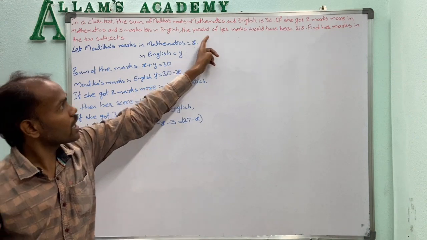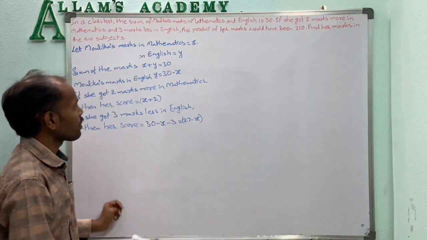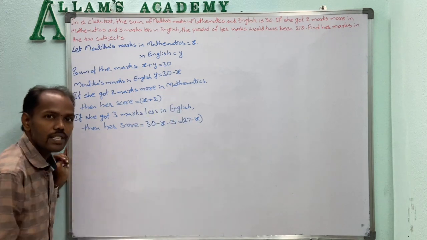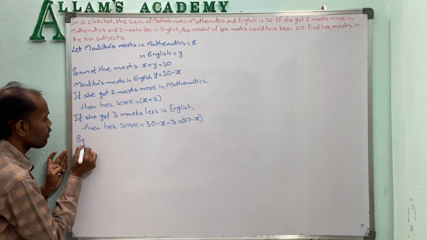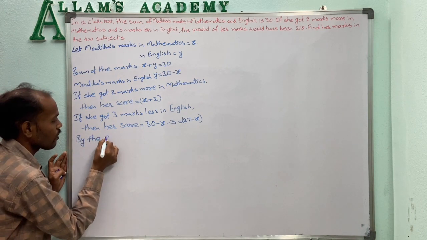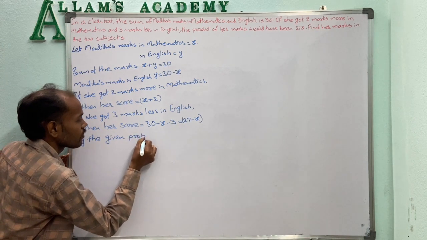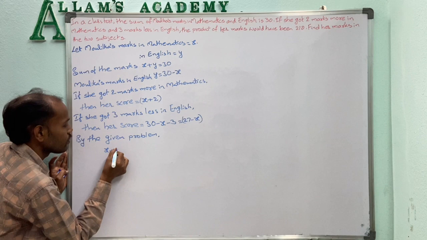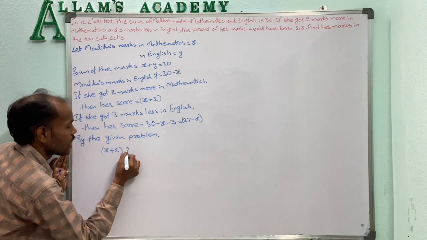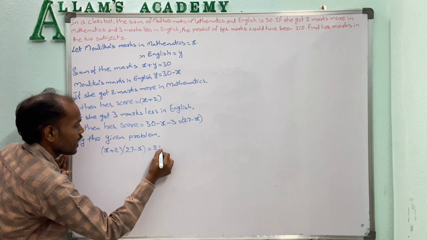Now the product of the marks would have been 210. That means x plus 2 into 27 minus x is 210. So by the given problem, x plus 2 into 27 minus x equals 210.